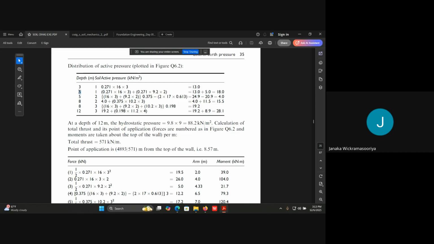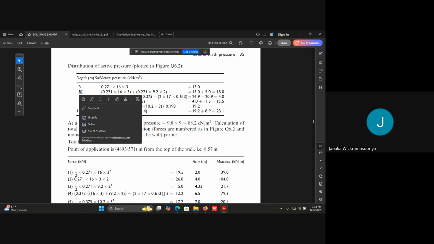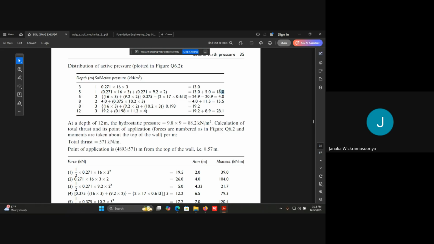So just above this layer you will get this one, and just below the values will be different. Right? So finally you will get the total force as 571. So you can refer to this one, you can check your answers.